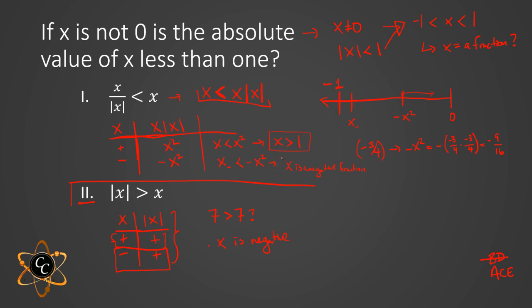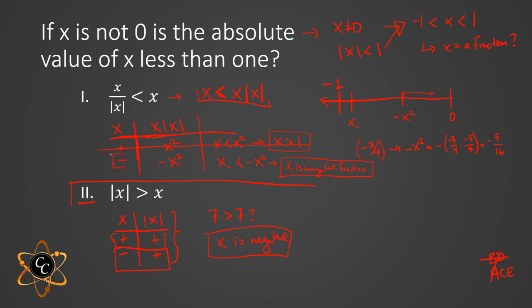So these are the two situations that we obtain from statement 1, which alone is not sufficient to answer the question. But given statement 2, where we know that x is a negative number, we are no longer in the positive case of statement 1. We are only in the negative case of statement 1.